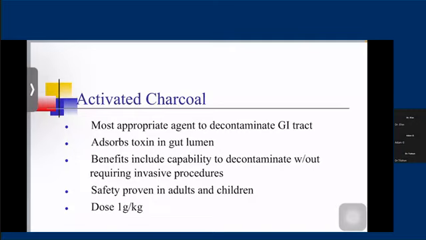Of all the decontaminants, the most important one is charcoal because it absorbs toxin in the gut lumen and prevents reabsorption into the system. The benefit is we can decontaminate without requiring invasive procedures like dialysis. It is safe both in adults and children, and the dose is 1 gram per kg.